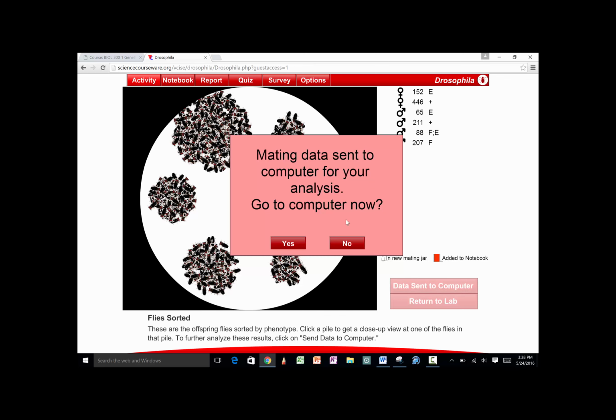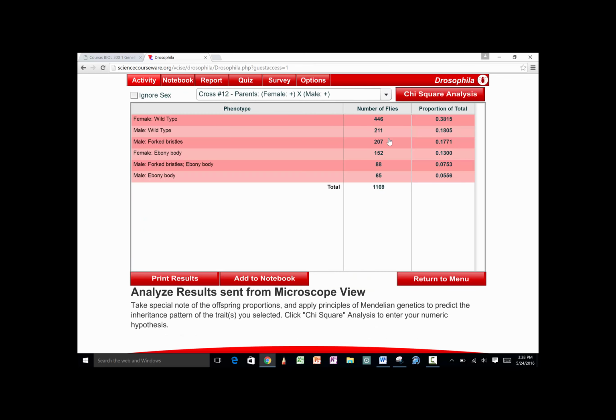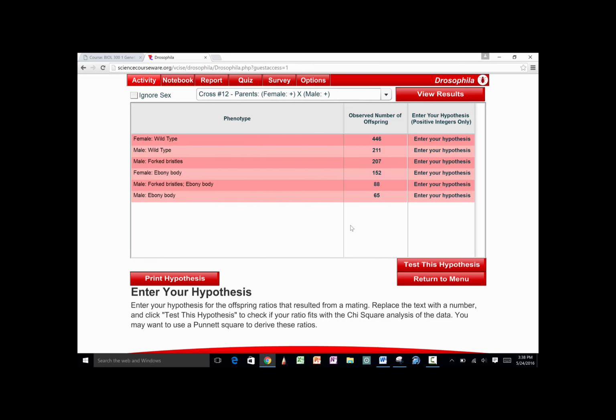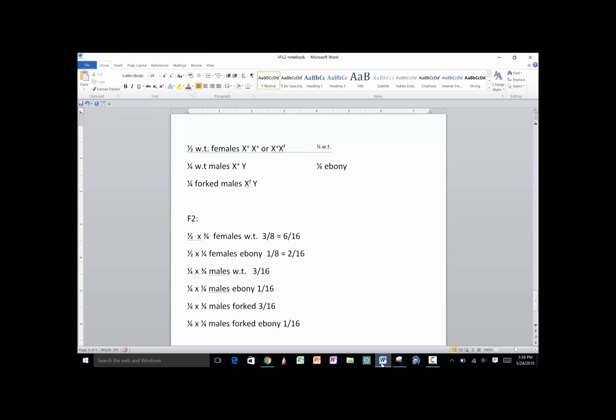Send the data to the computer, analyze results, and let's test it out. So we expected 6 wild type females and wild type males 3.